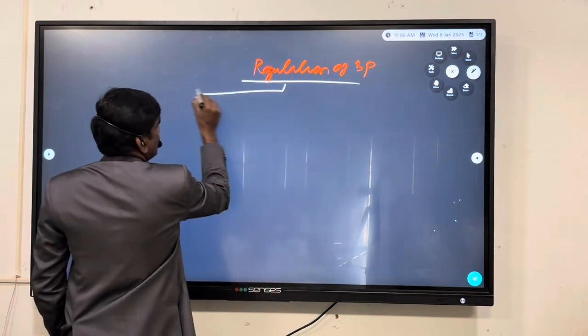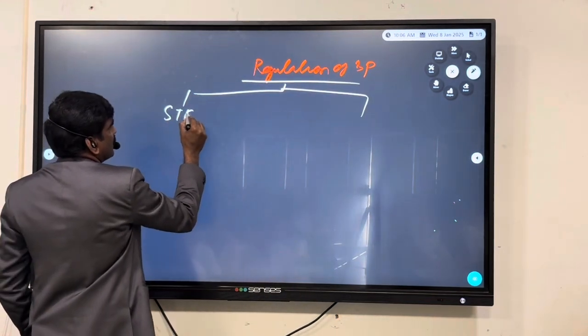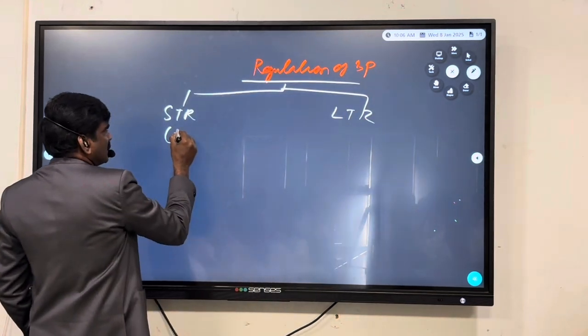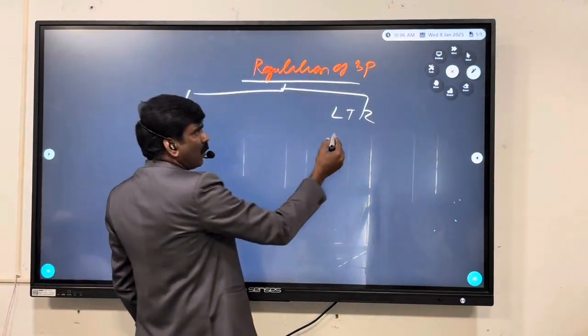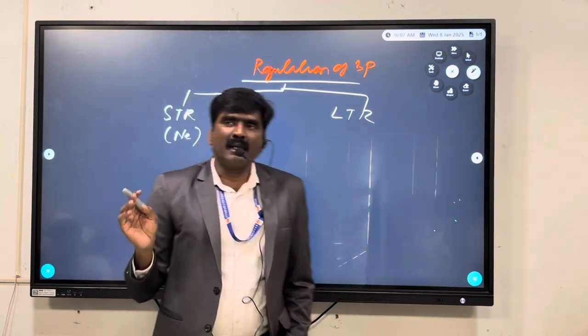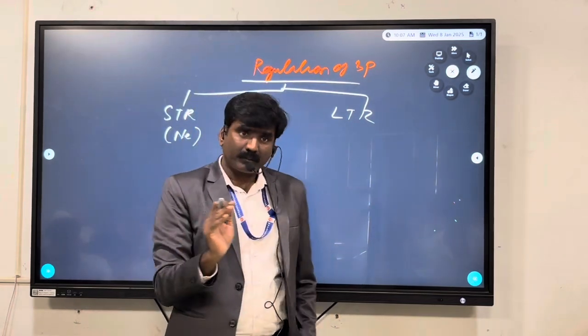We discussed there are two types: short-term regulation and long-term regulation. The neurological system controls the short-term regulation, and long-term regulation mainly depends on the renin, angiotensin, aldosterone axis.